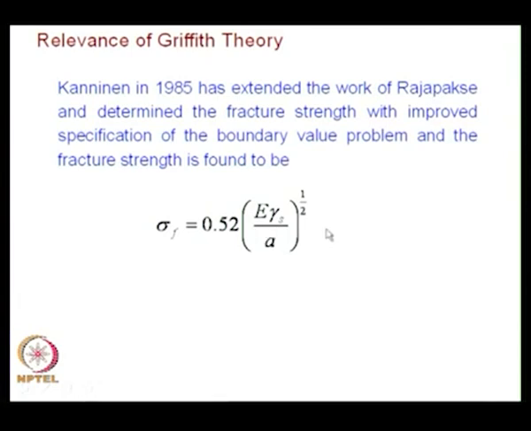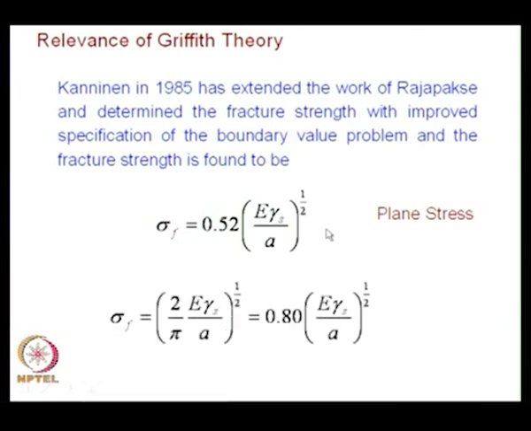We would also look at again how this could be recast. We have looked at the expression as 2 by pi E gamma s divided by A whole power half, and if you take out this 2 by pi, the value is 0.80. So, that means it is very close to this 0.52, it is not way off, the order of magnitude is similar.